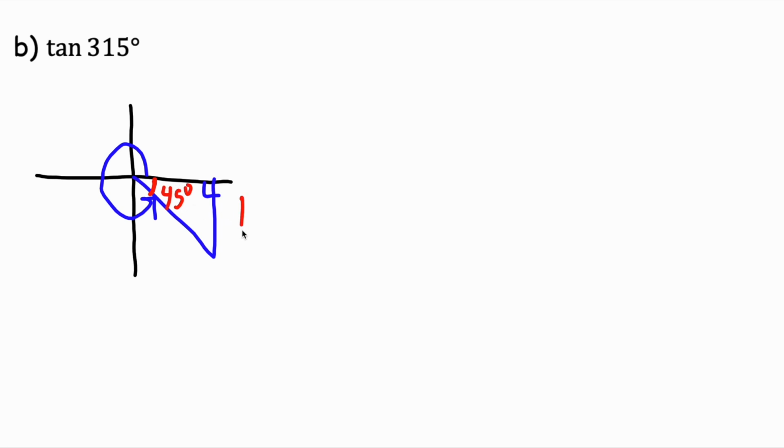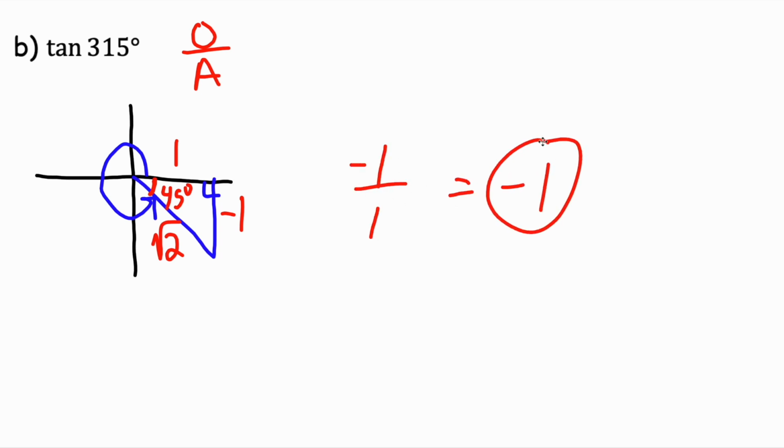Opposite of 45 is 1, but because it's going down, that's a negative 1. Adjacent is 1, and that went to the right, so that's positive 1. And the hypotenuse is square root of 2. Ratio for tangent is opposite over adjacent, so negative 1 over 1, which is negative 1. So hopefully you got negative 1 for that one. If not, copy it down, make sure you got it.